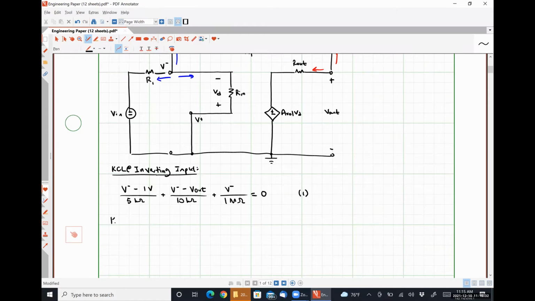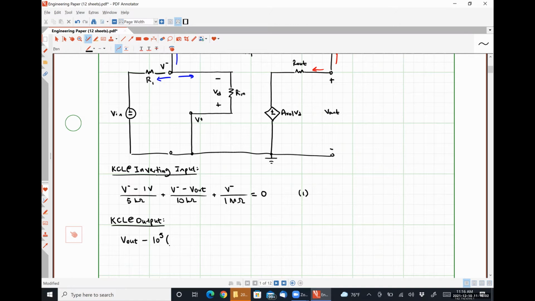We can apply KCL at our output, and we'll find that we have a current to the left, which is V out minus AVOL, 10 to the 5, multiplied by VD. So what's VD in this case?